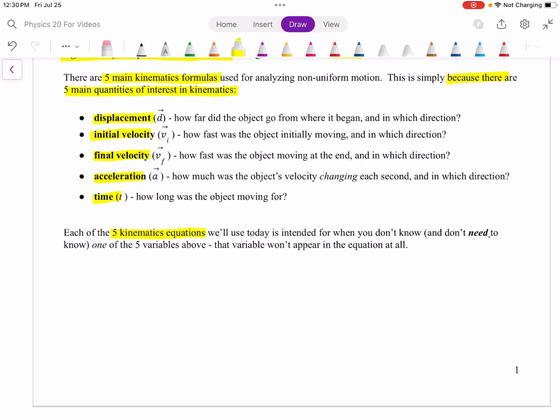We're going to look at those 5 different equations today. That's the intro overview of what we're doing here. Each of the 5 equations is for when a variable doesn't appear in that equation, and therefore we want that because we don't know it, but we also don't care about finding it, so we don't need it to be in our equation.